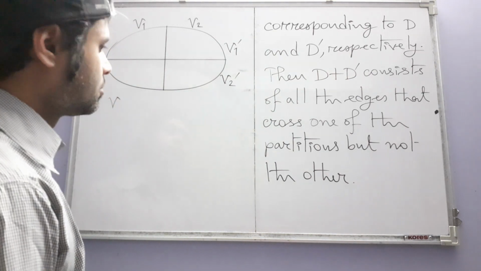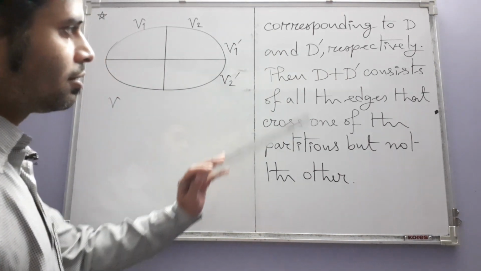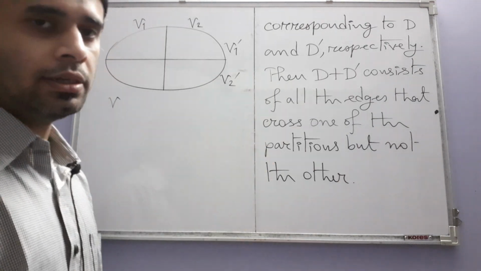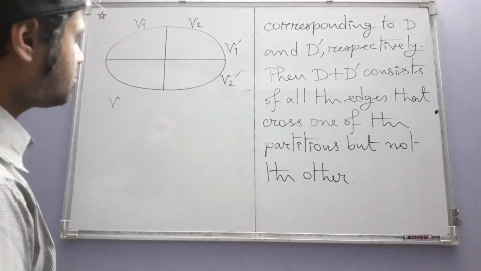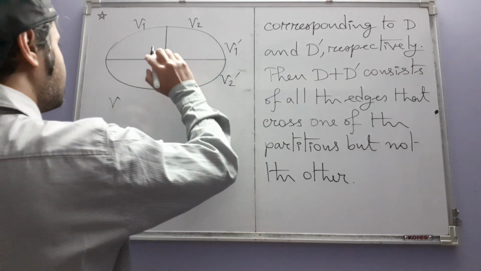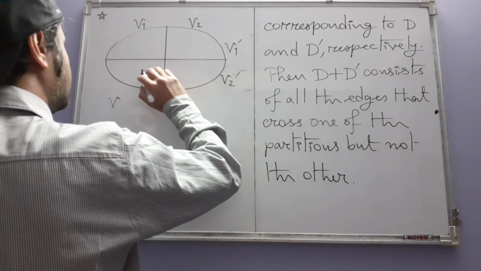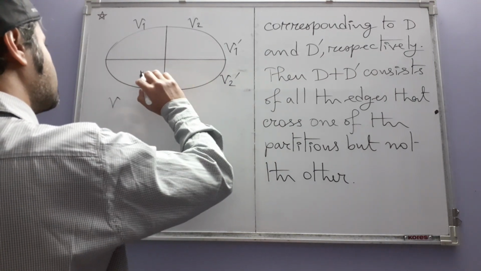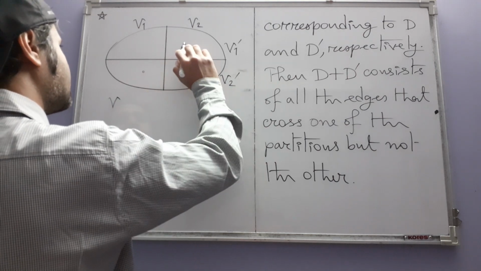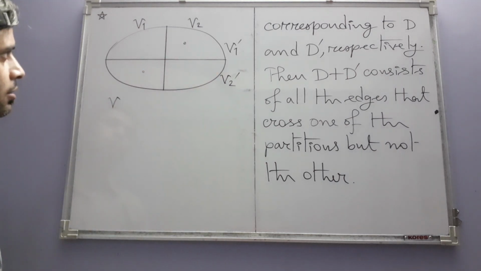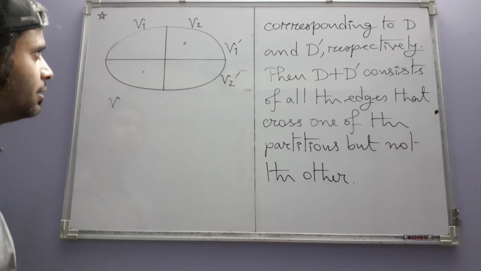Now, what sort of edges are allowed in D plus D prime? This type of edges are not allowed. I mean, one edge whose one end lies here and the other end lies here. That is not allowed. Why?